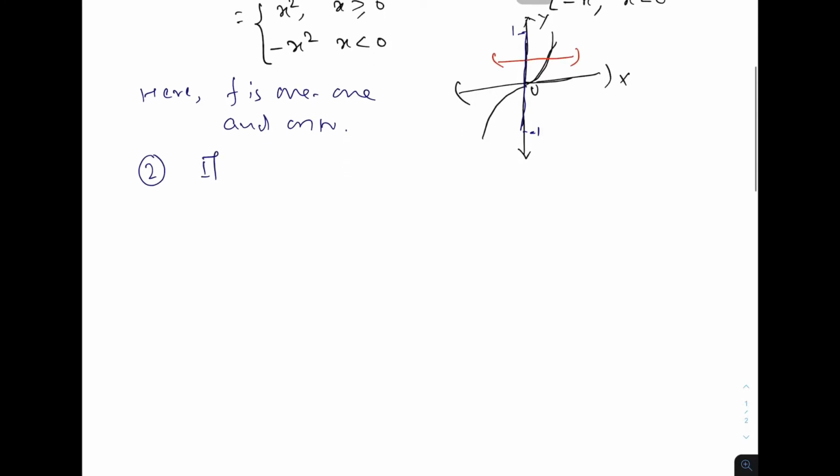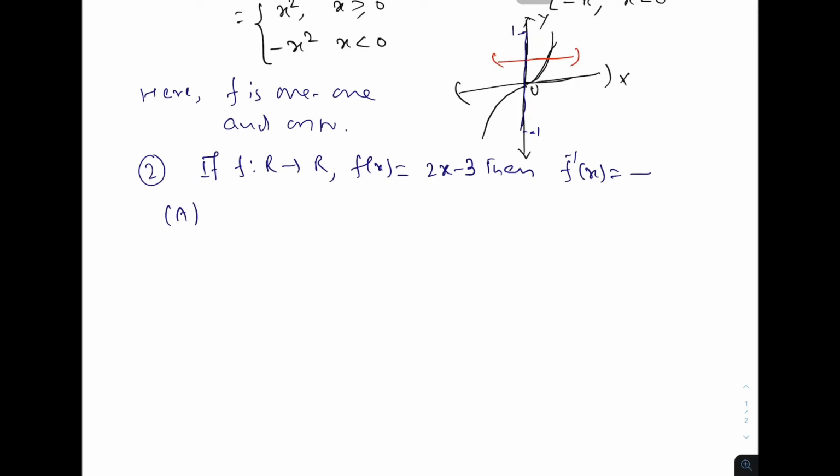Let us take the next example. If f from R to R, f(x) is equal to 2x minus 3, then f inverse of x is blank.